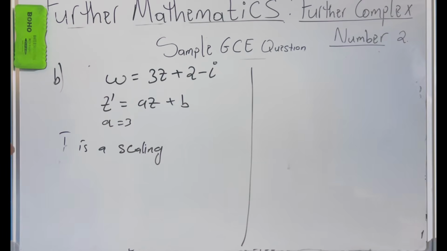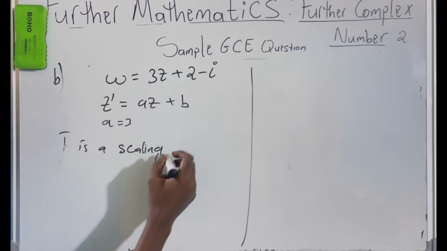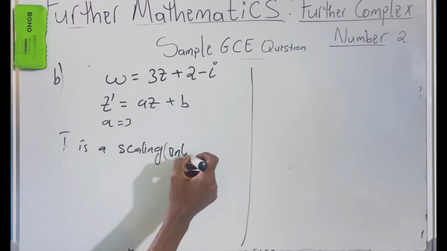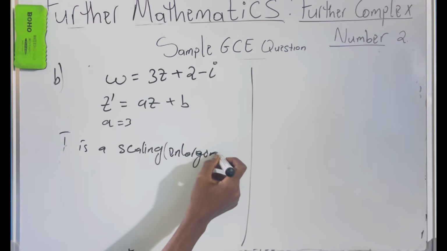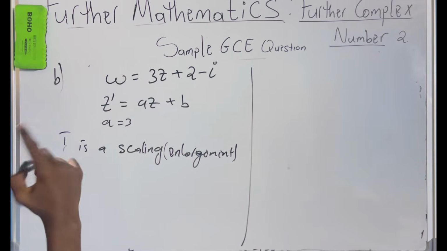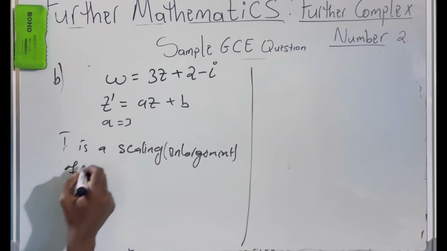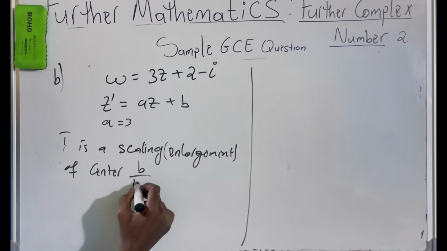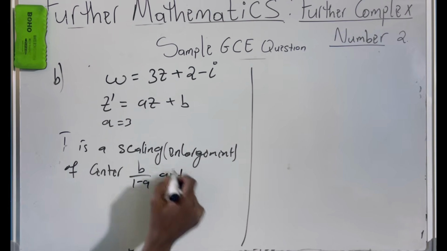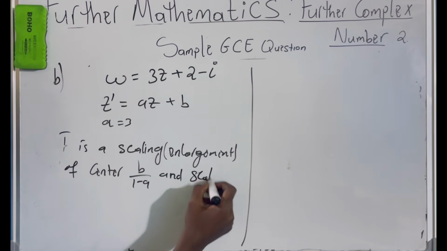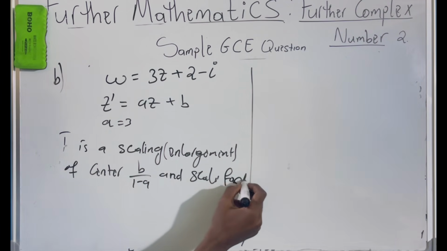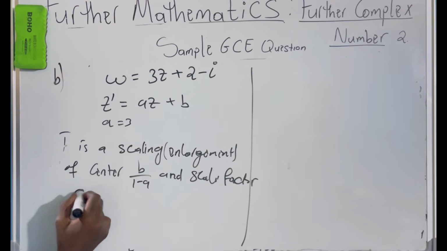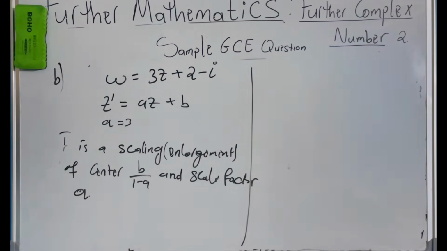So in bracket, it's a scaling, an enlargement of center b over 1 minus a, and scale factor a.